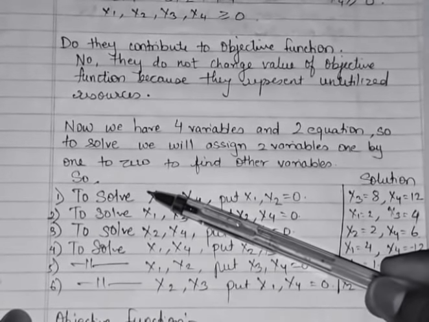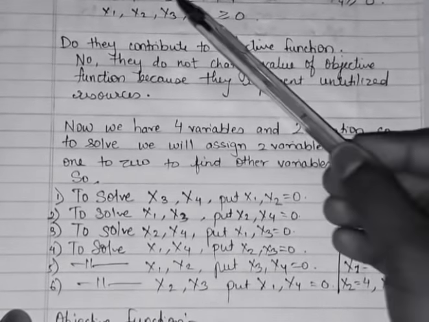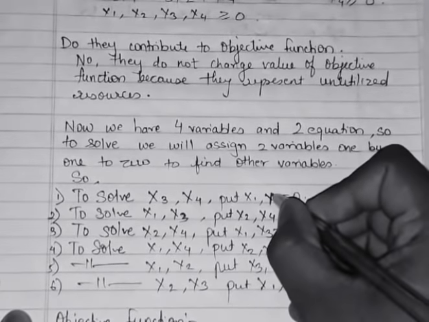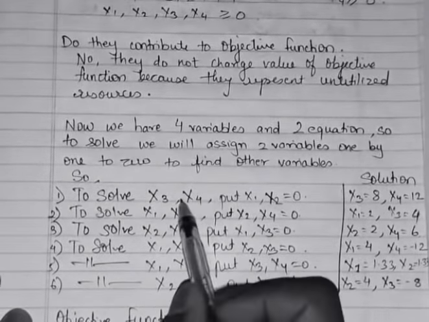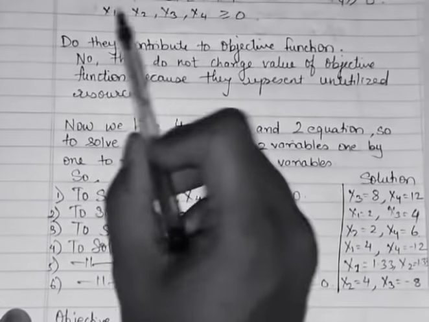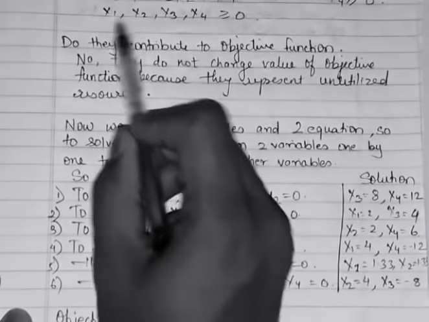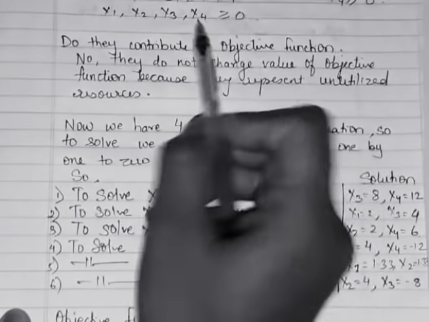So to solve for x3 and x4, I'll put x1 and x2 as 0, right? To solve for x1 and x3, I'll put x2 and x4 as 0.